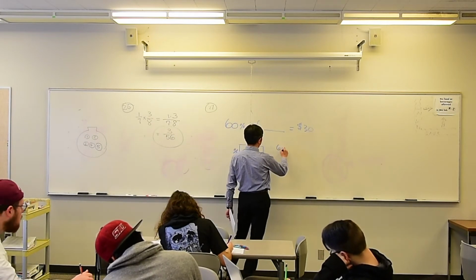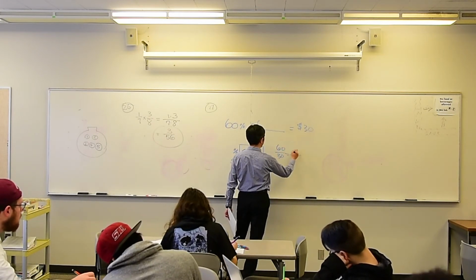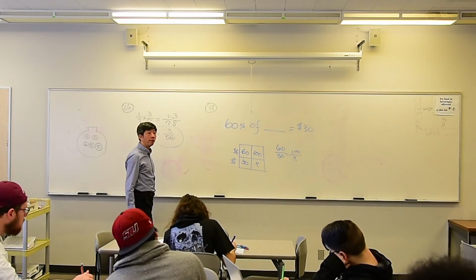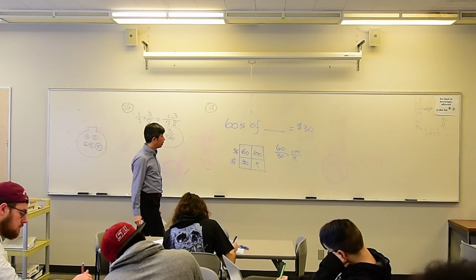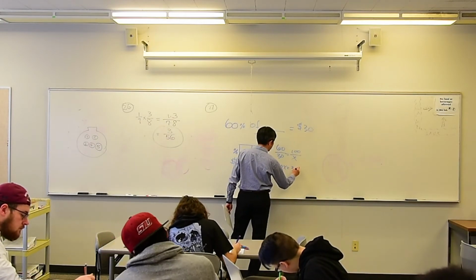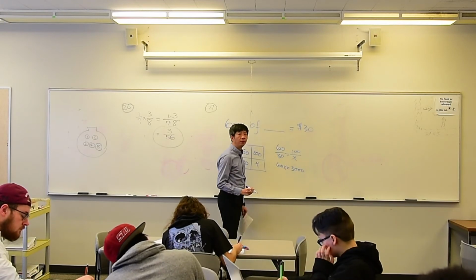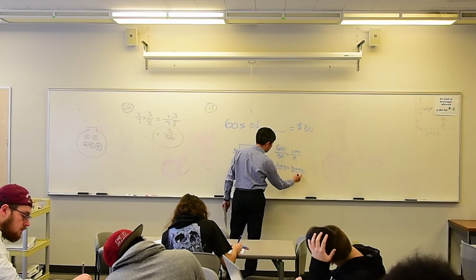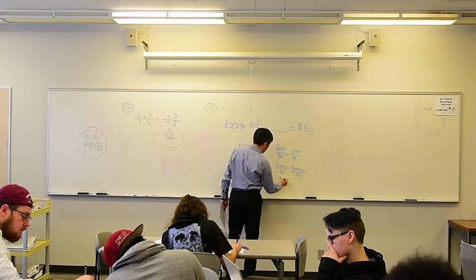Okay, 60 over 30 is equal to 100 over X. Can we cross multiply? Yes or no? All right, so cross multiply, 60X is equal to 3,000, is that right? Divided by 60, divided by 60, X is equal to 50.